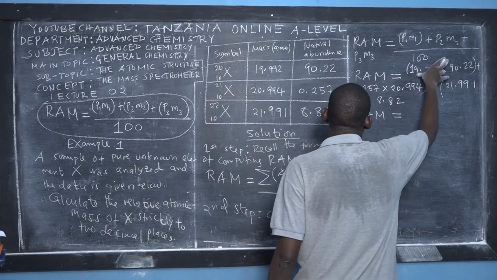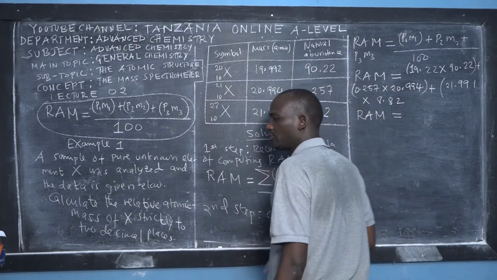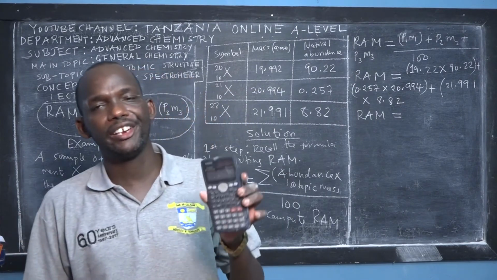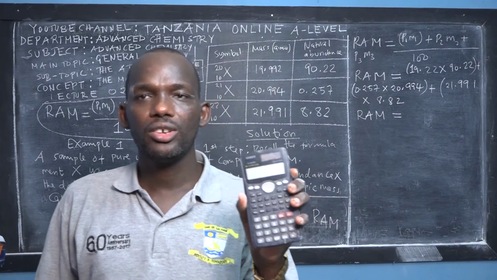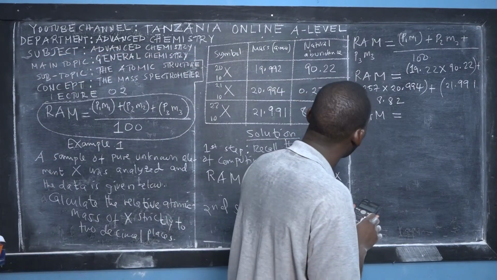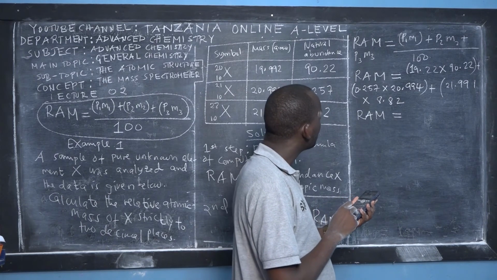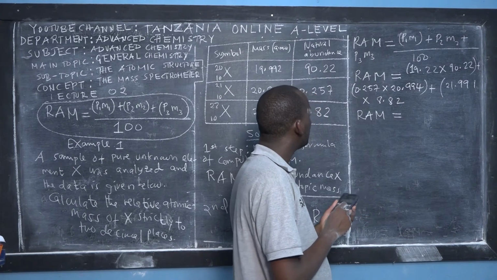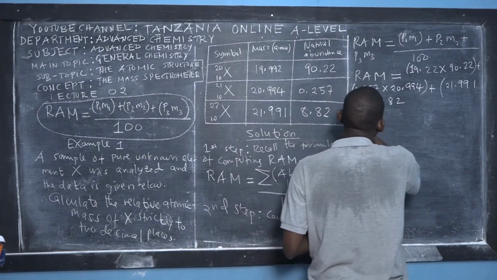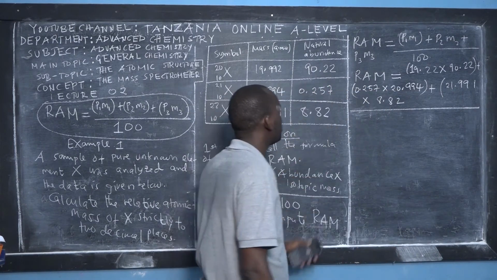If you find this product and this product and this product together, you have to use your scientific calculator. Make sure that you are accurate and focused on that. Here I forgot the denominator. Even if you take this plus this, you get 100.